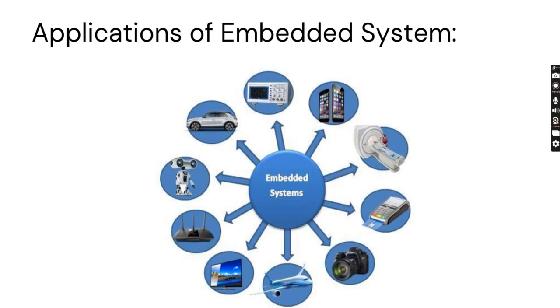And here we come to the applications of embedded systems. Embedded systems are everywhere, from cars to phones to all our devices. In a car, we have a cooling system and an air conditioner system. We are using embedded systems there. We are using embedded systems in robots as well, for the sensors and for the processing power.